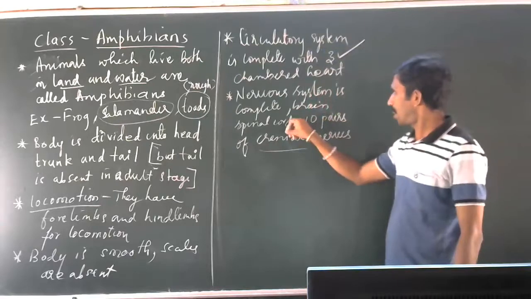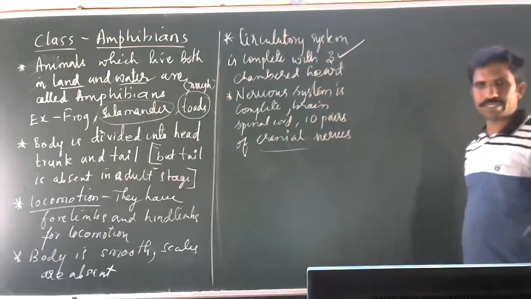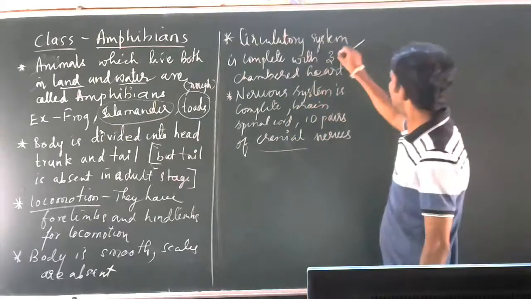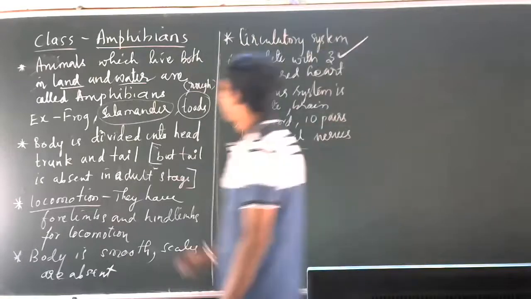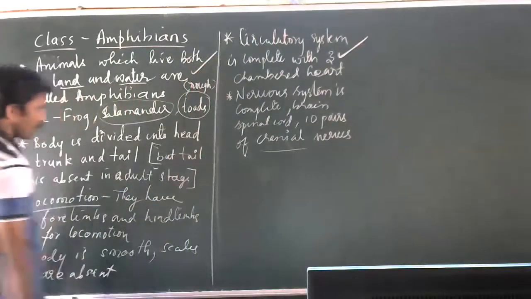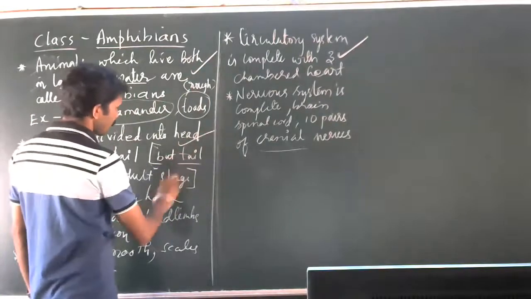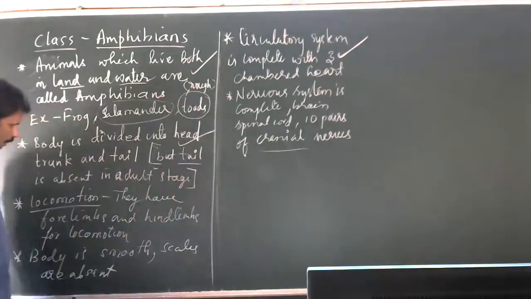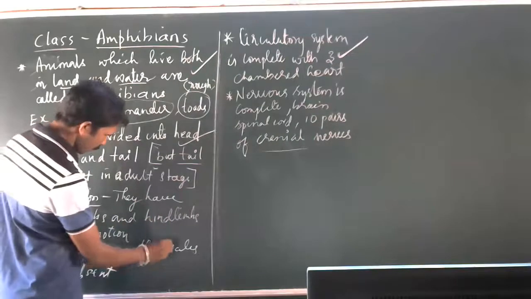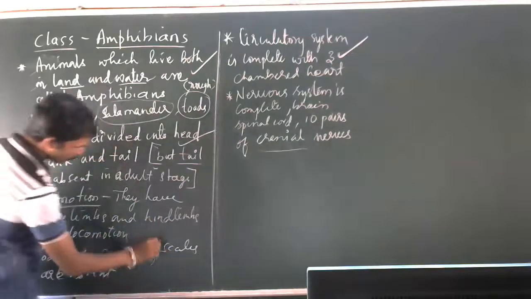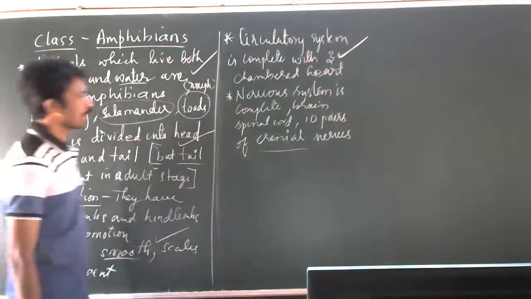This is an identifying character. The three-chambered heart is an identifying character of amphibians. Tail absent in the adult stage is an identifying character. The smooth body surface is also an identifying character.